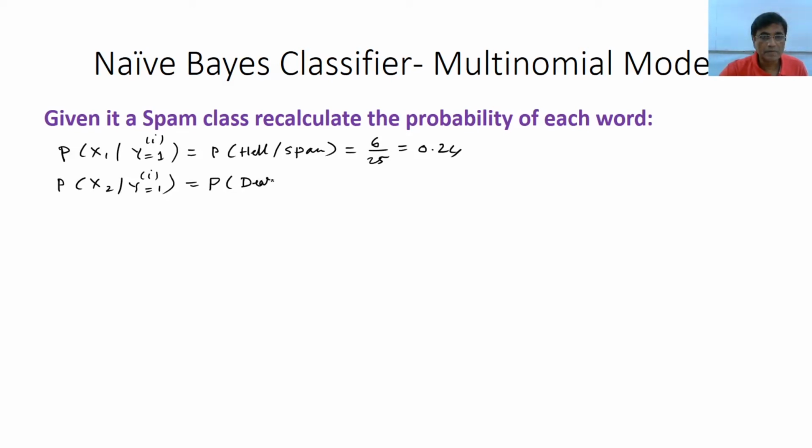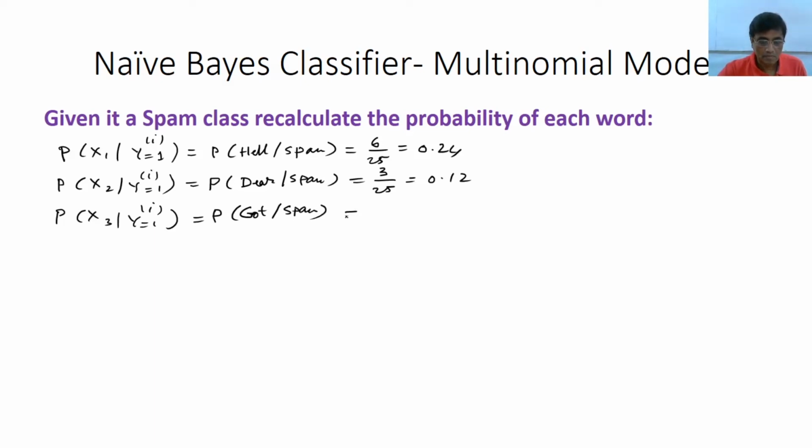Dear, three by 25, 0.12. Got, 1 by 25, 0.04.